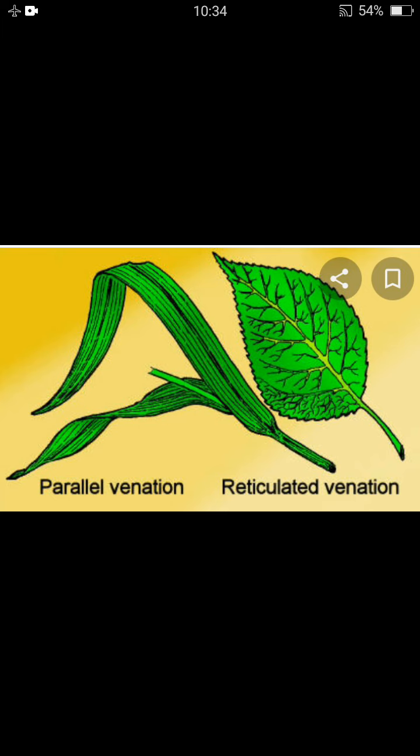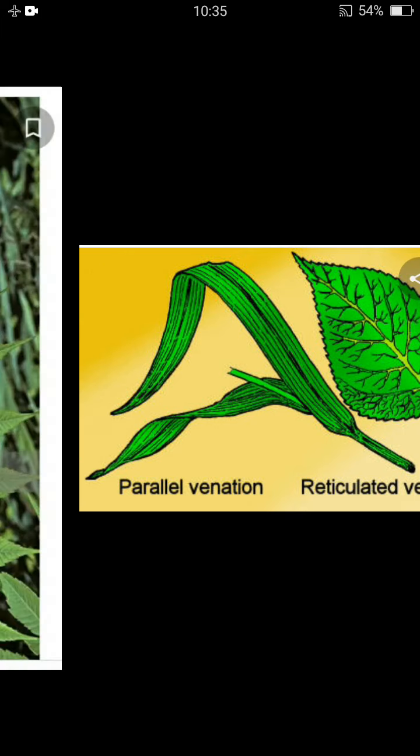When the veins are parallel to each other, it is called parallel venation, like in the first leaf, example maize, rice, etc. So leaves of dicotyledon plants generally possess reticulate venation, while parallel venation is the characteristic of monocotyledon plants like rice. Okay, so students, hope you understood this venation concept.